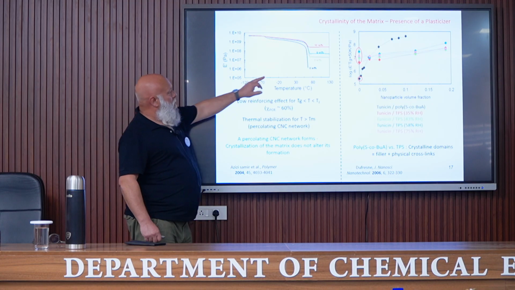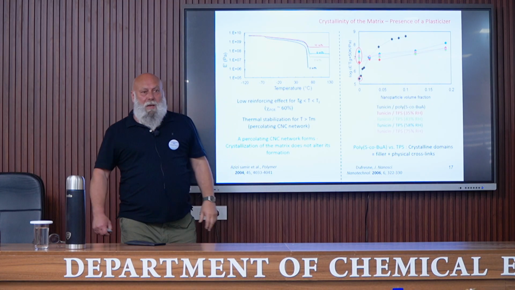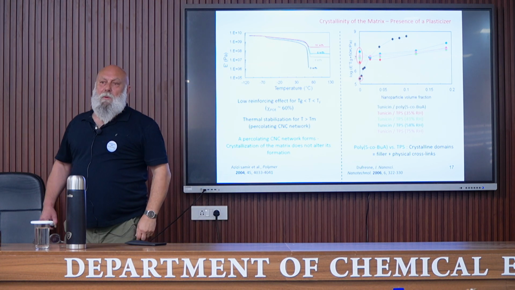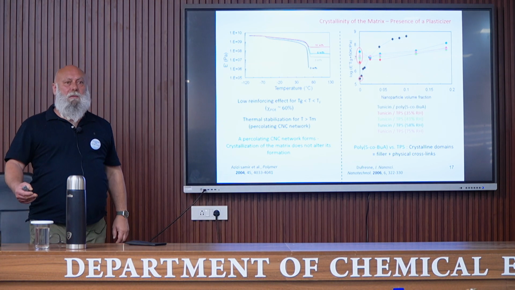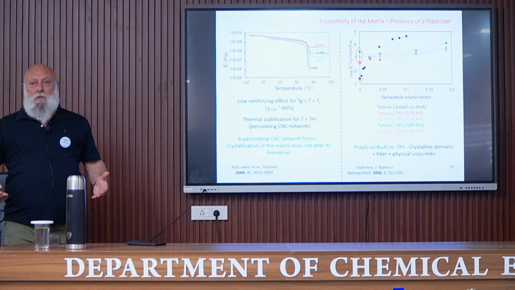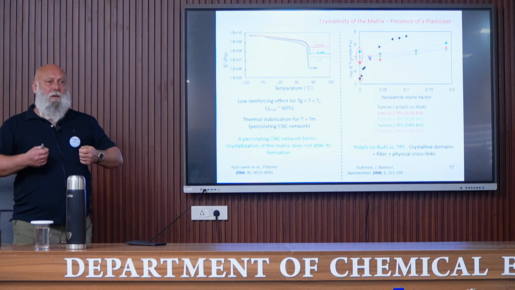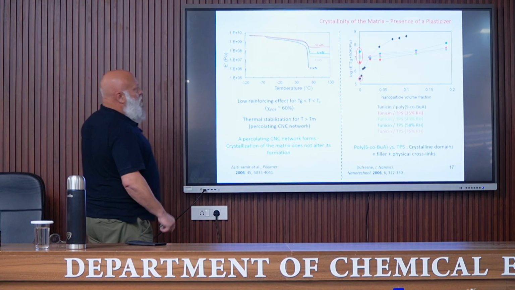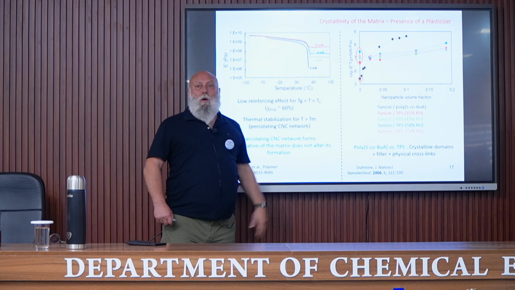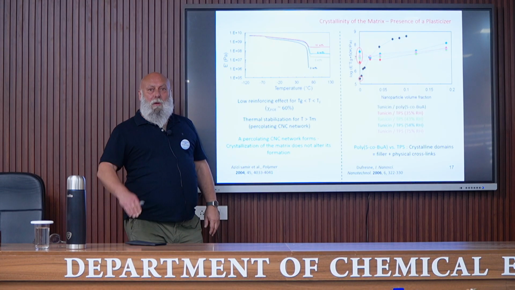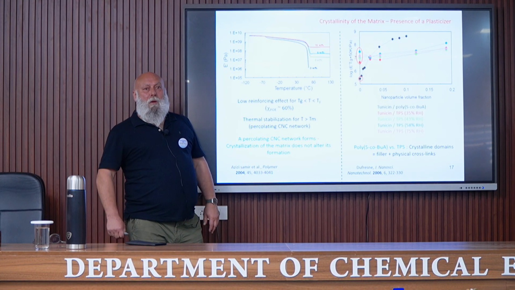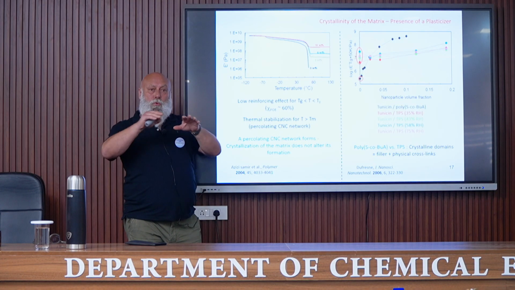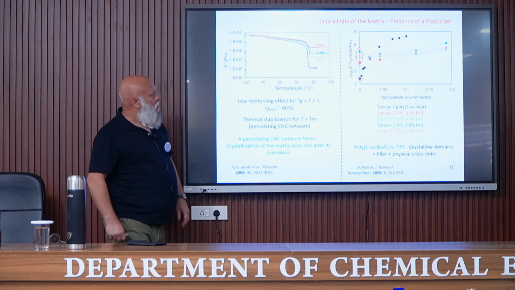When adding nanocrystals up to 10%, in the rubbery state, the reinforcement effect is weak, just because the matrix is stiffer because of the presence of the crystalline domains. But what is interesting is that above the melting point, we keep a stabilization, or cohesion, of the material due to the formation of this percolating network.